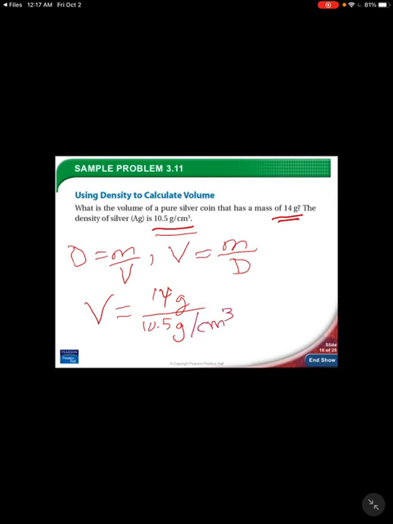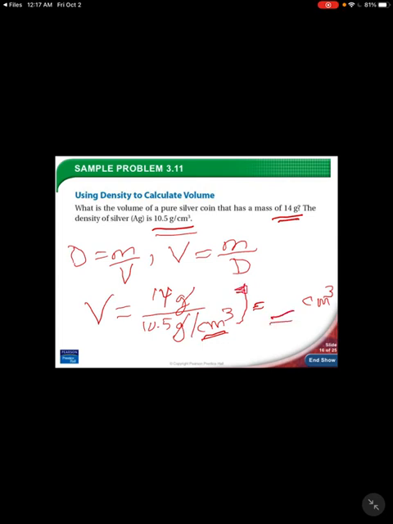The grams cancel, and cubic centimeters comes up as the volume units for my result, because the denominator in the denominator becomes the numerator. You may have heard that in your math classes. I hope you have. The denominator of the denominator is the numerator. So this value for cubic centimeters comes up to my answer.